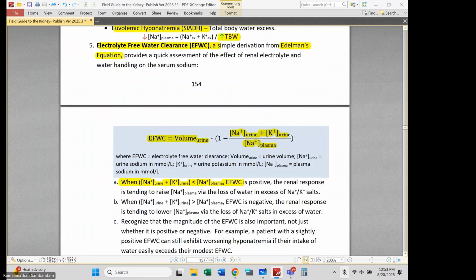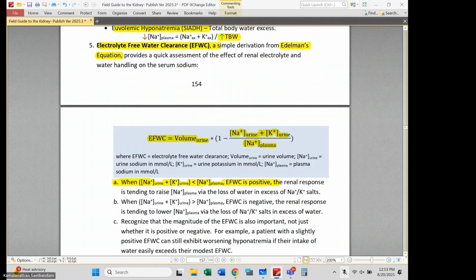I would say, regardless of my urine volume, my electrolyte-free water clearance is positive. Okay, and then we often say, don't worry, my electrolyte-free water clearance is positive. Sodium's going to get better. Okay, consult done. Sign off really early.